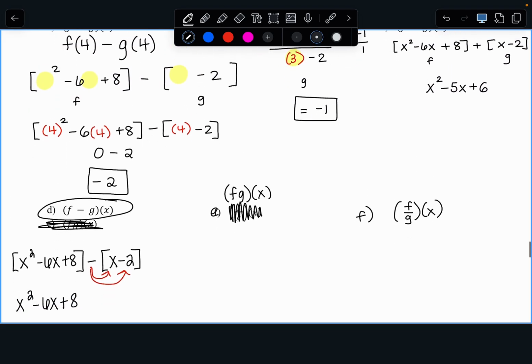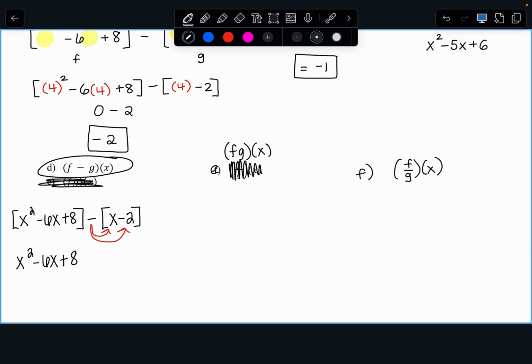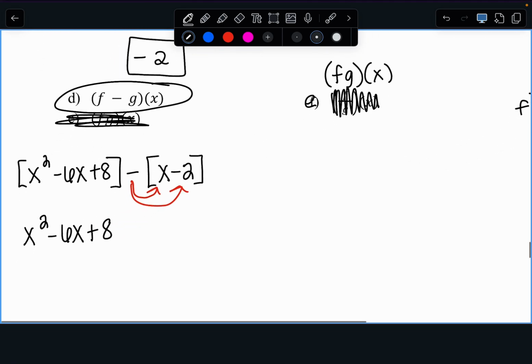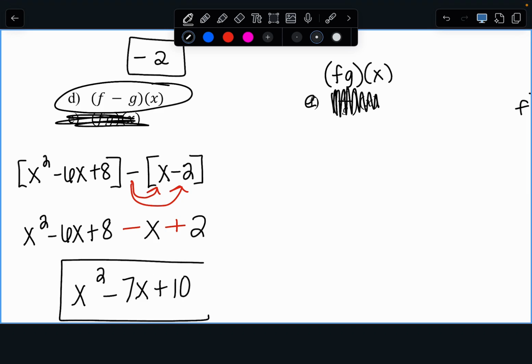From the same function as above. Okay. I was like, what? Yeah, sorry. No, you're fine. So this is now a negative x and a positive 2. Because when you're subtracting, you're changing the signs to everything after. And now we combine like terms. X squared minus 7x plus 10.